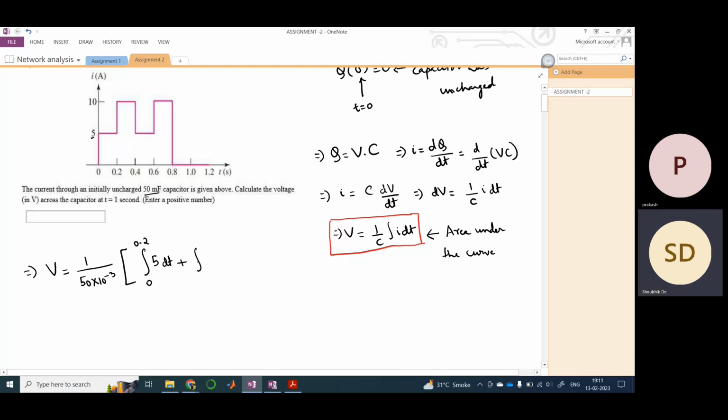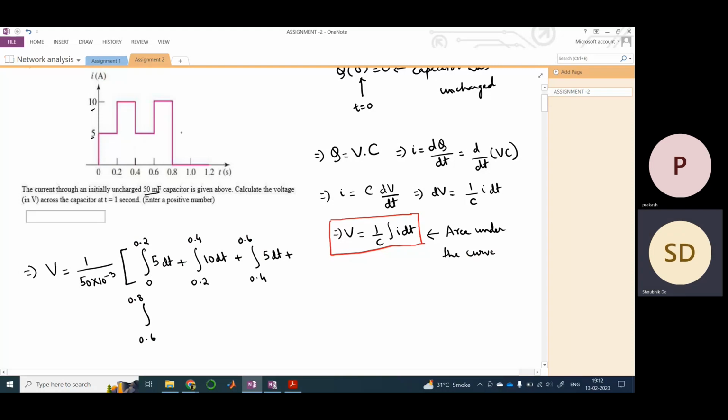Similarly, from 0.2 to 0.4 second, what is my current? It is 10 amperes, so it would be 10 dt. Now again from 0.4 to 0.6, what is my current? It is 5 dt. Next would be 0.6 to 0.8.